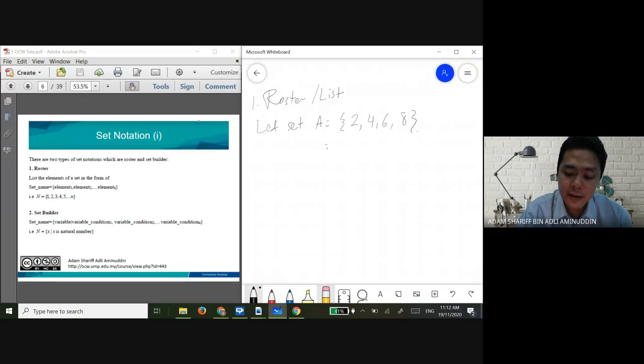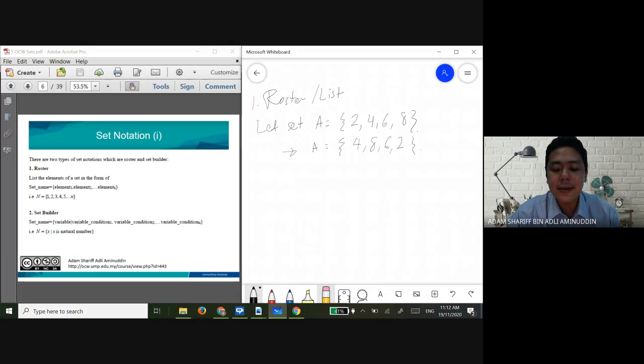Certain fundamental things that you must know is that the set might not be in order. It can be 4 first, and then suddenly 8, 6, and then 2. If you represent into the second form, it's still the same set. Set is not compulsory for you to be in order. However, normal people will always like to arrange things in order.